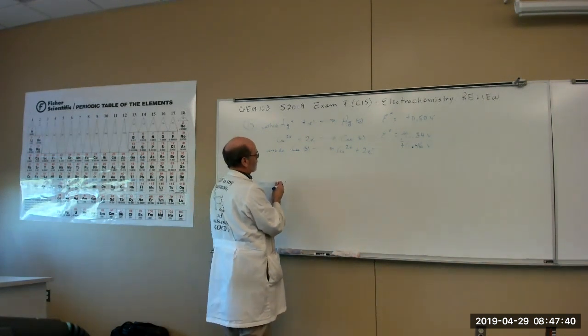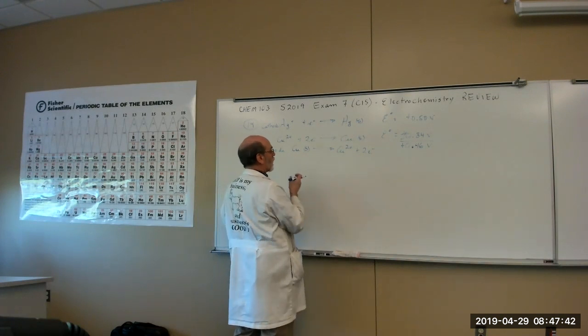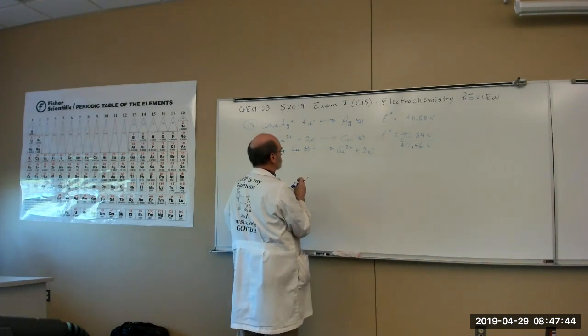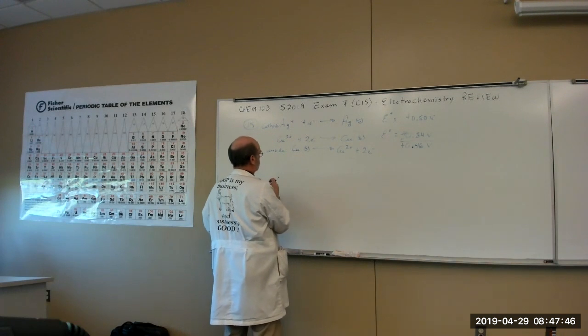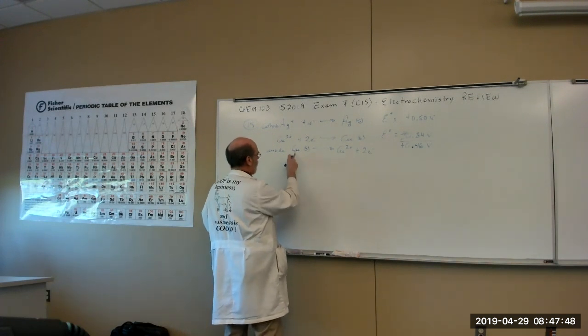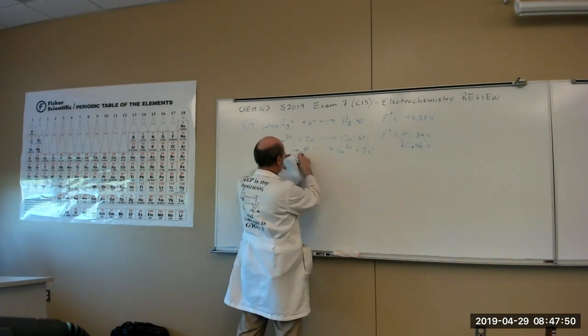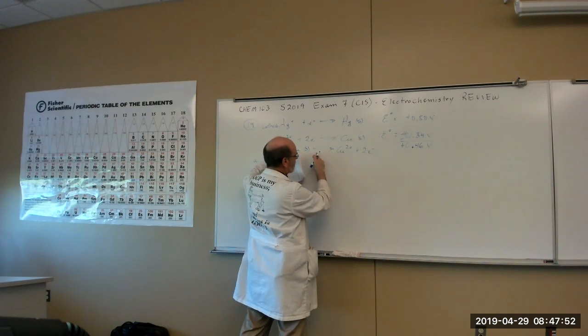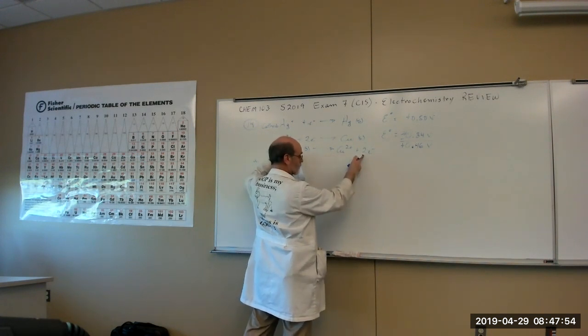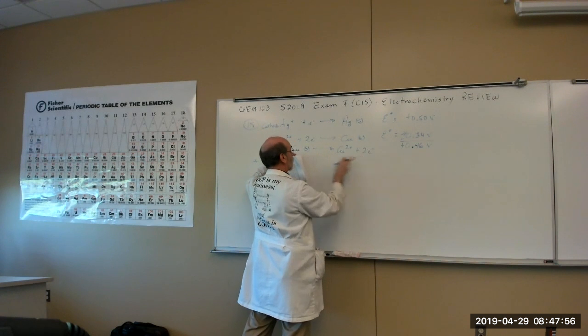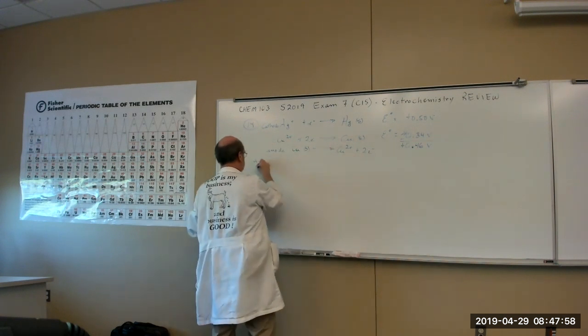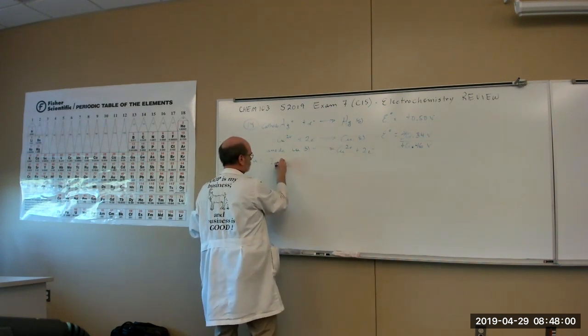Is that true? Well, where are the electrons being produced? The copper electrode here is giving up electrons. So they go into the circuit and cross over to silver. So that one's true.